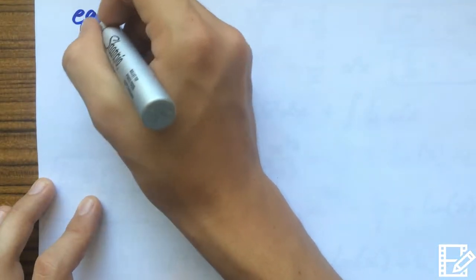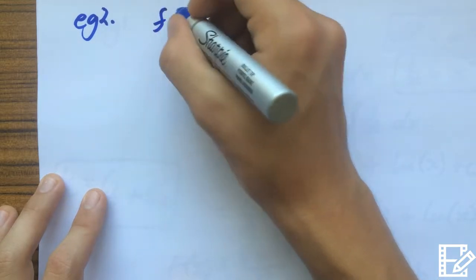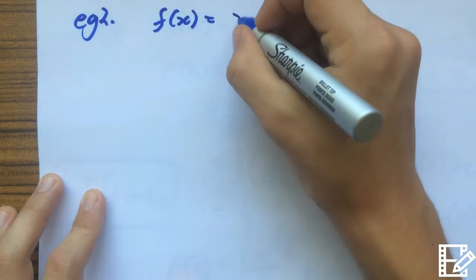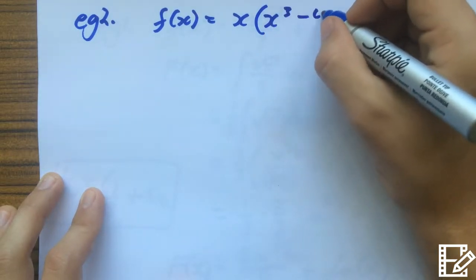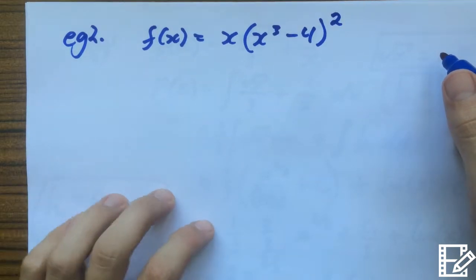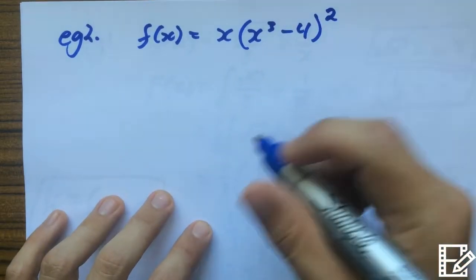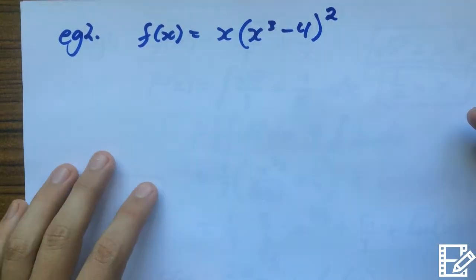Now I'm going to do another example. The second example, which is f of x equals x bracket x cubed minus 4, squared. Now I'm just going to expand it out, because that's the easiest way for me to do it.